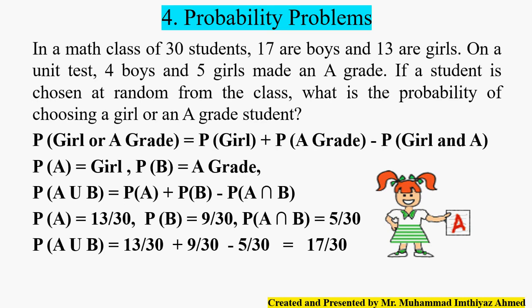That is the total girls 13 of 30 plus 9 by 30 for the total A grade minus 5 girl students who secured an A grade. So 13 plus 9 minus 5 will give you 17 by 30. I hope problem number 4 is clear.